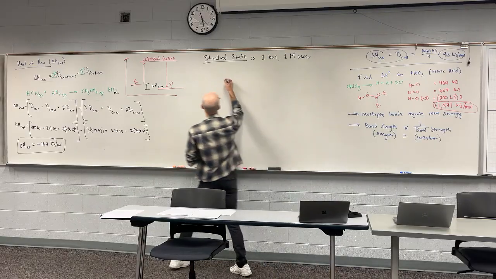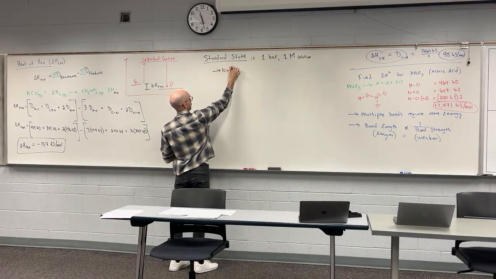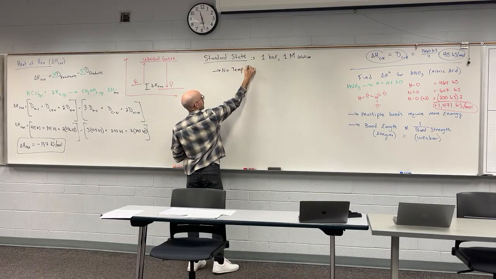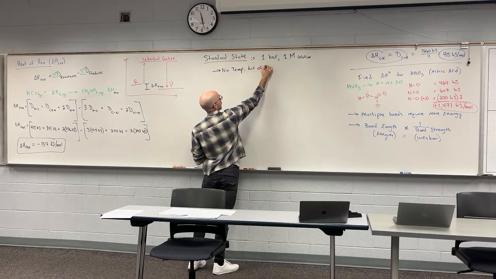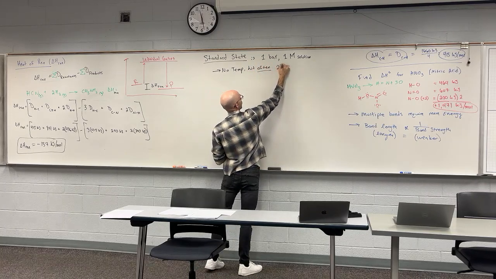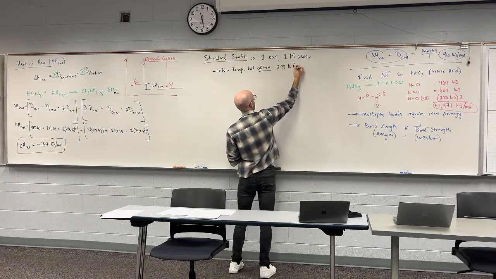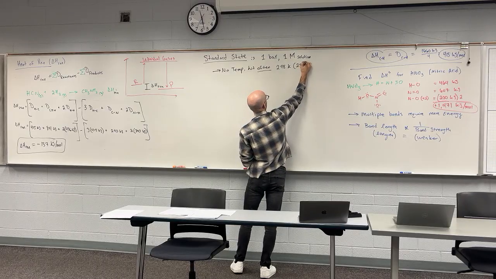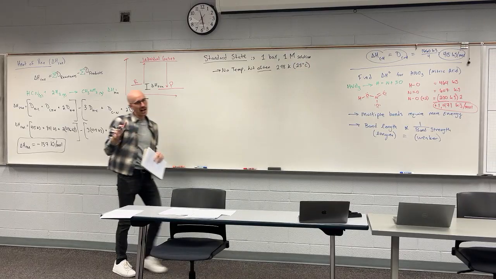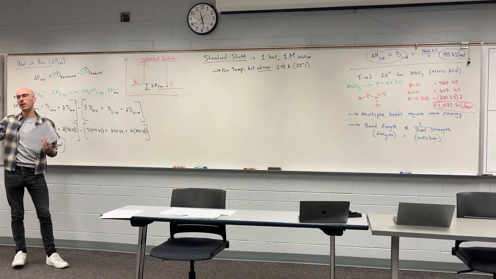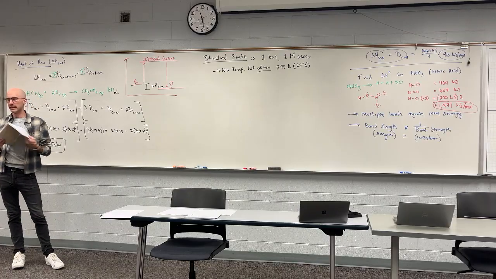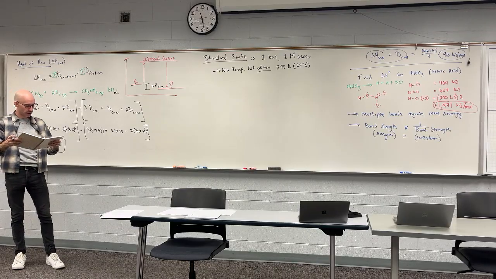You'll notice that the temperature is not given, but this is often 298 Kelvin, which is 25 degrees C. That's not room temperature. That's a bit above room temperature, but it's a very common value to use.